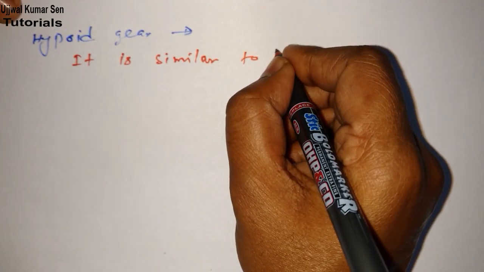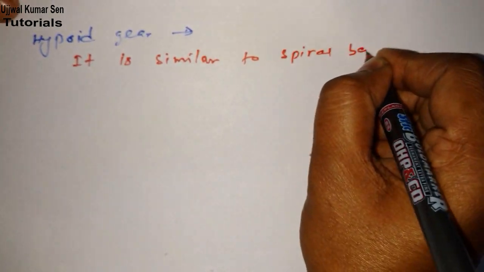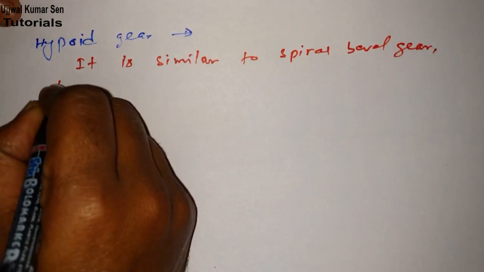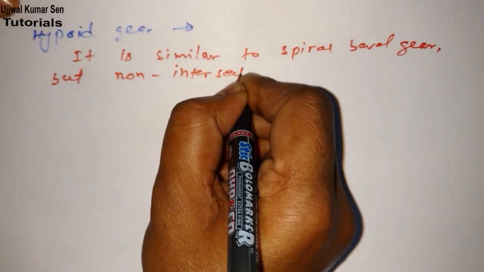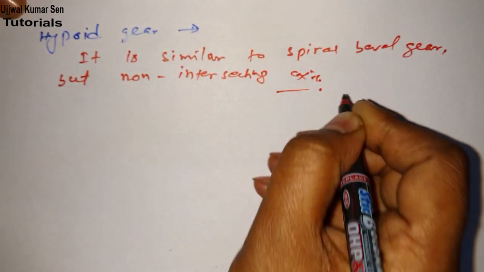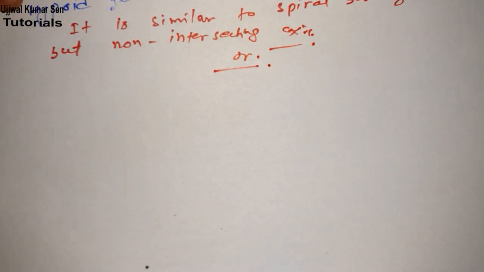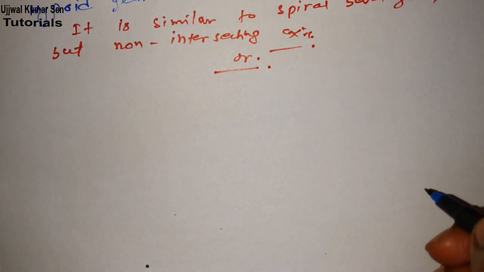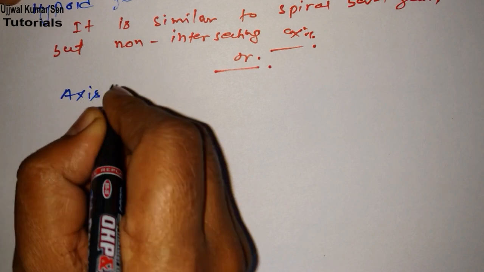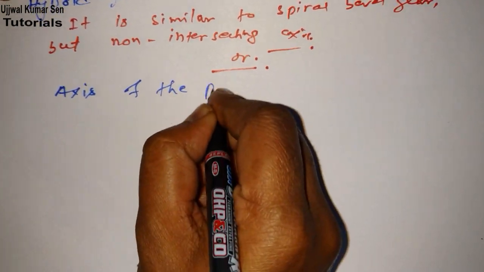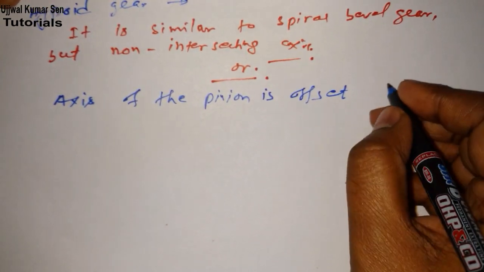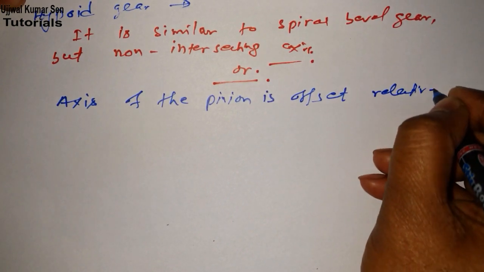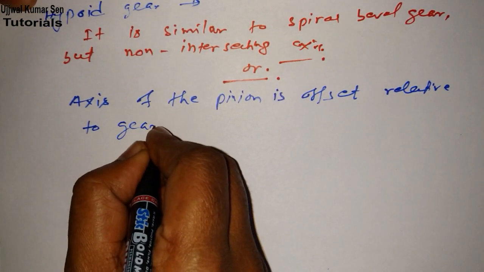Or you can say the same definition like this: the axis of the pinion is offset relative to the gear axis.